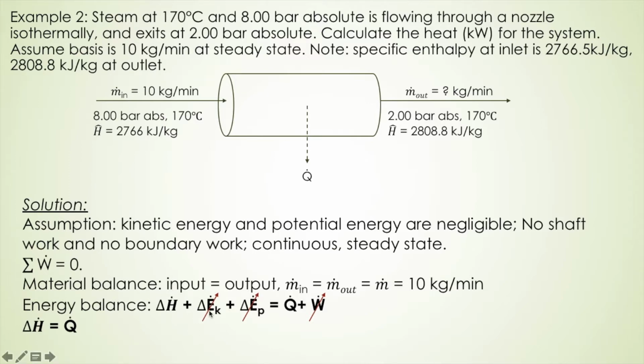Now we ignore kinetic energy and potential energy, so those terms cancel out, and there's no work, because work is the sum of shaft work and boundary work, and there's no work term related to that in this problem statement. So we simply get change in enthalpy equals heat flow.